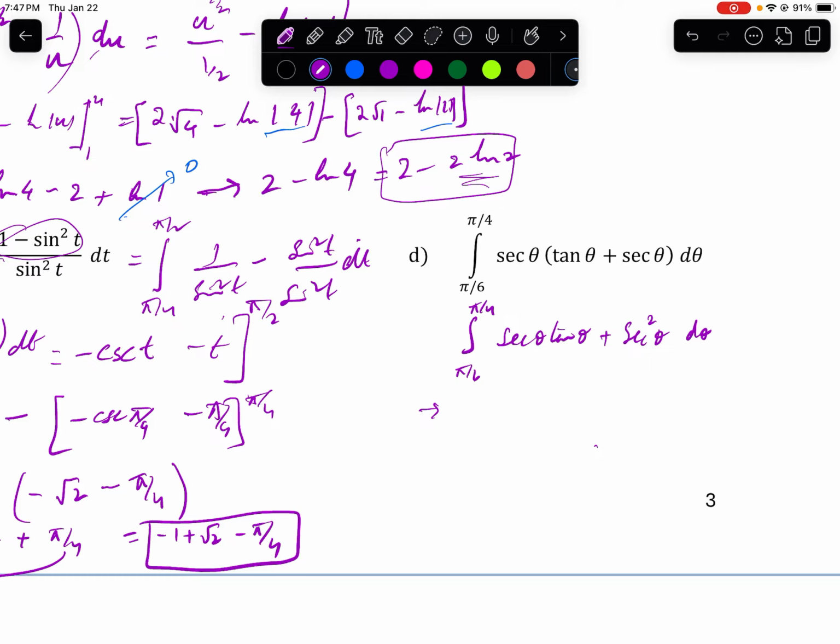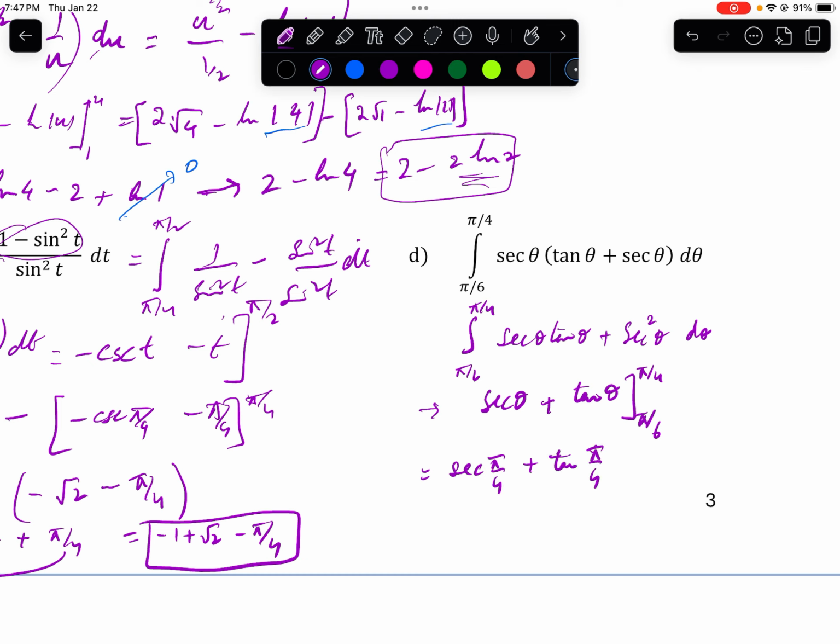So we get secant of theta plus tangent of theta and then limits. Plug in the limits. Secant of pi over 4 plus tangent of pi over 4.